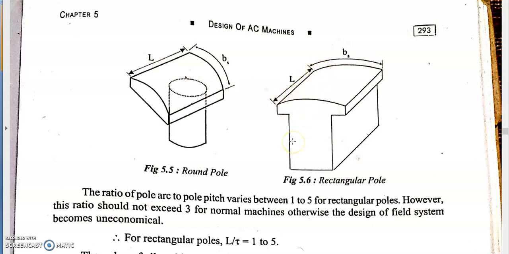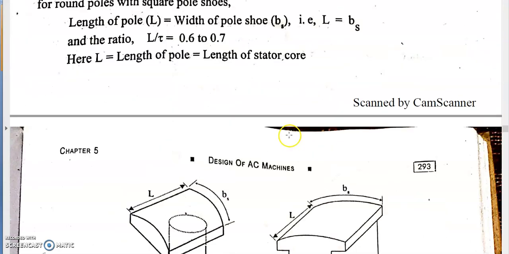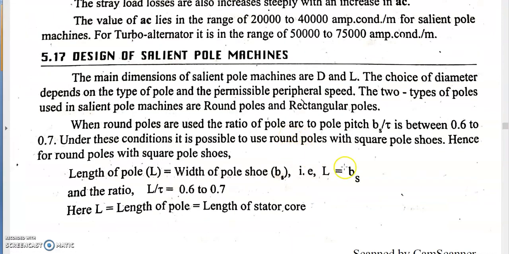Both are the same. So the diameter D and length L will be separated out based upon this length and pole shoe width. Suppose it is round poles with rectangular pole shoe, the length to width of the pole shoe will be the same, and the ratio L by tau is 0.6 to 0.7.